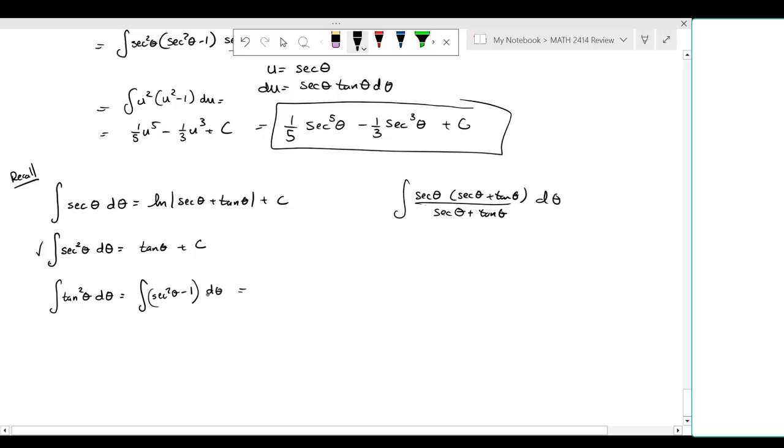So now the antiderivative of secant squared, then minus the antiderivative of 1, which is just theta.